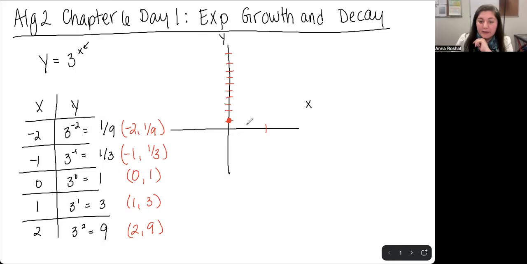And then I'm going to cut in half, in half, in half. We'll leave that like that. And then in half, in half, in half, we'll leave that like that too. So then I know 1, 3 is a point. And then I know 2, 9. So I have 1, 2, 3, 4, 5, 6, 7, 8, 9, which is about here.